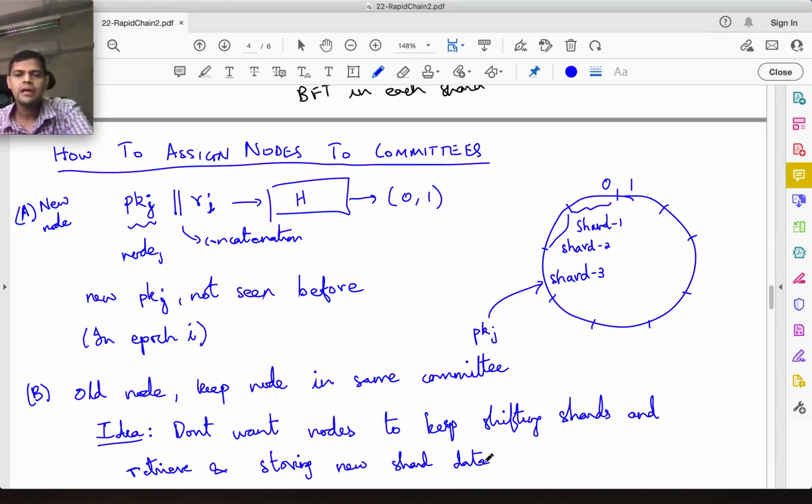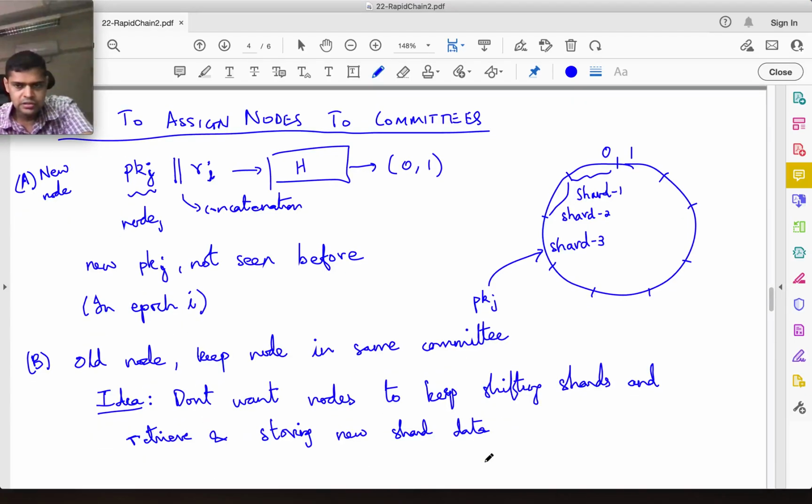So you would like the committees to be more or less the same, but this allows an attacker. What an attacker could do is try to potentially use different public keys and try to get his particular nodes into the same shard, so that he exceeds the Byzantine fraction expected by the protocol.